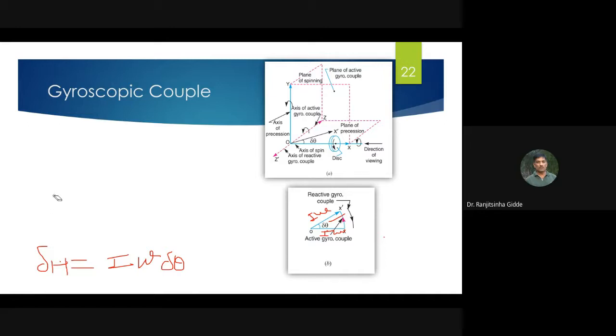Next line you can write: rate of change of angular momentum can be defined as follows. Now we need to take limit.